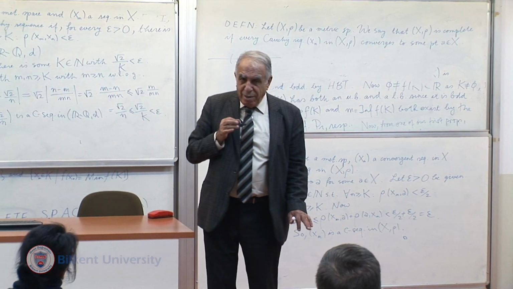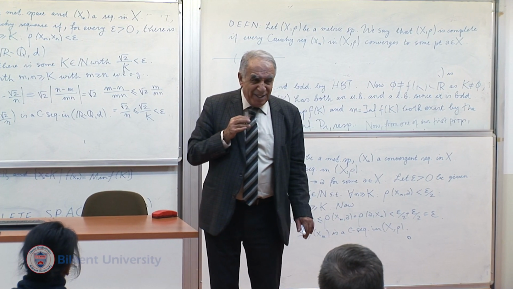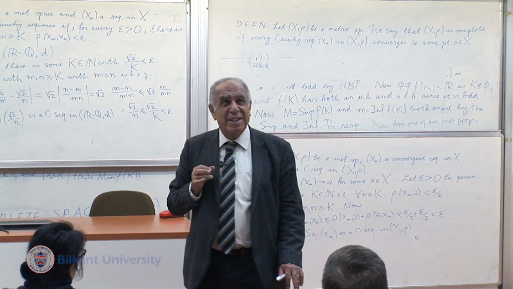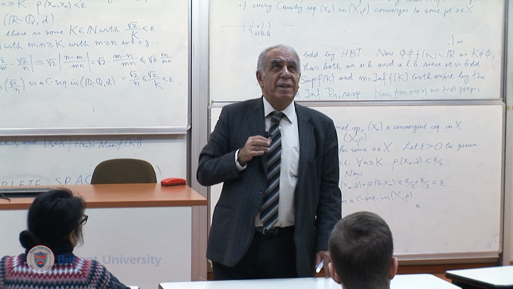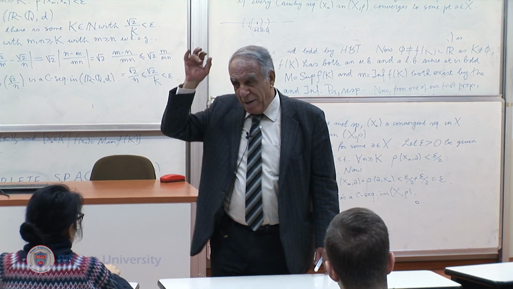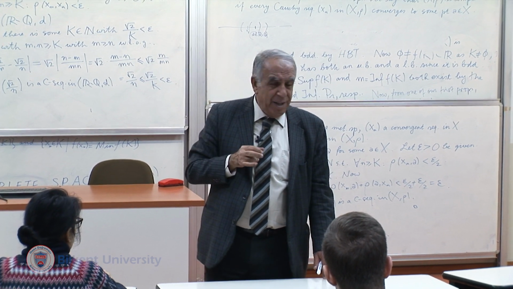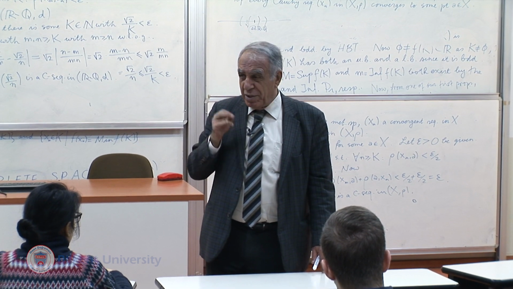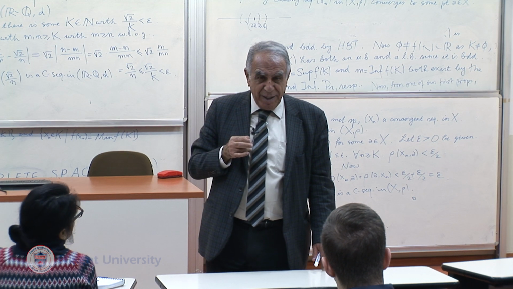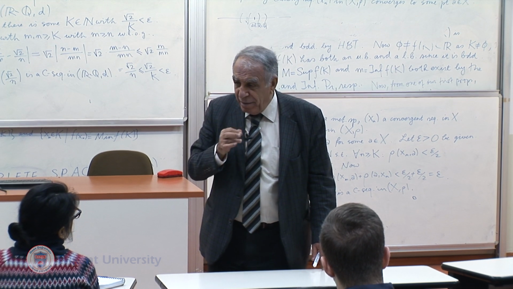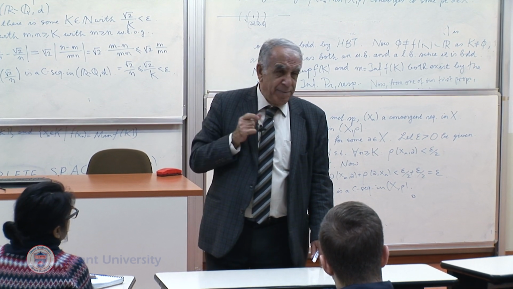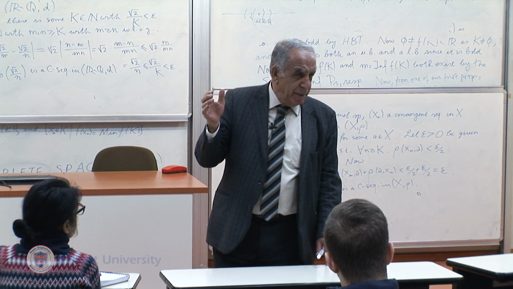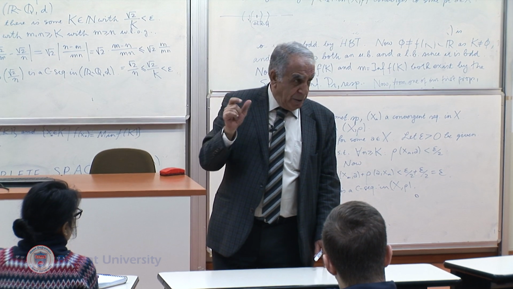But then all of a sudden, we will start to see something which will make us unhappy about complete spaces. We will see that completeness is not a topological concept, actually. In fact, you can have two metrics, rho and rho prime, which are equivalent topologically.